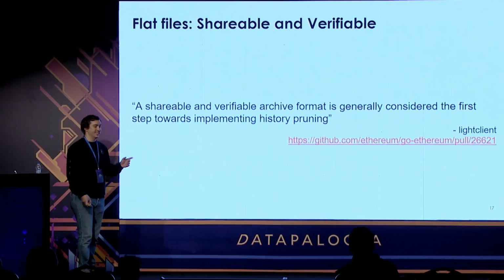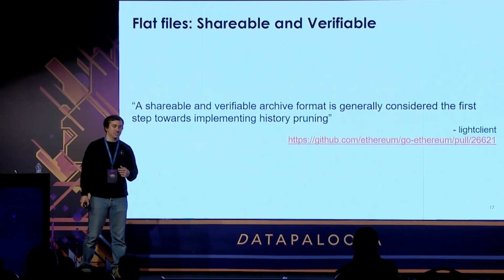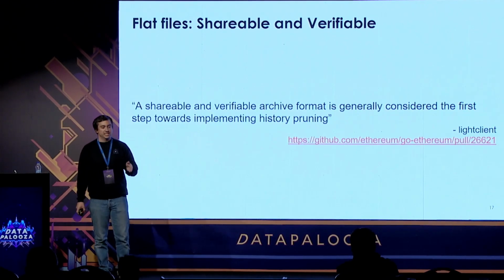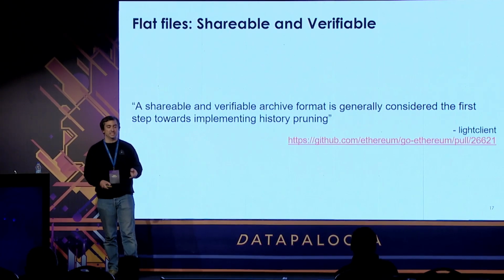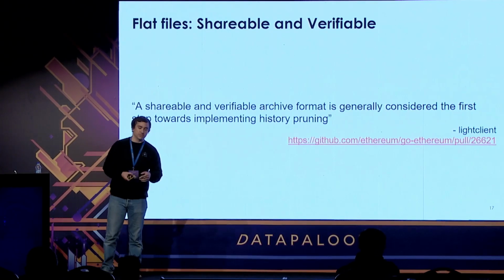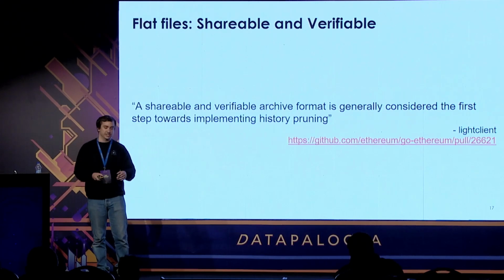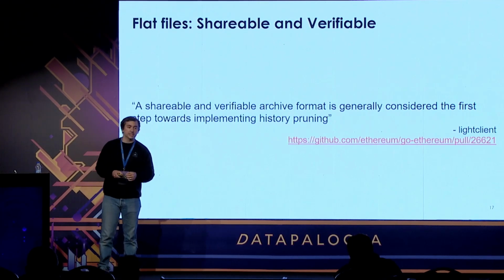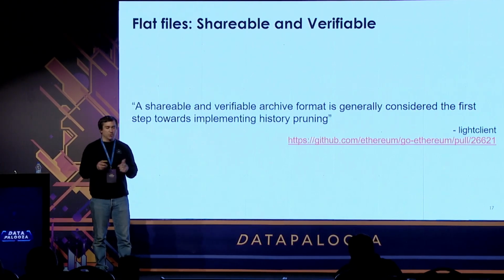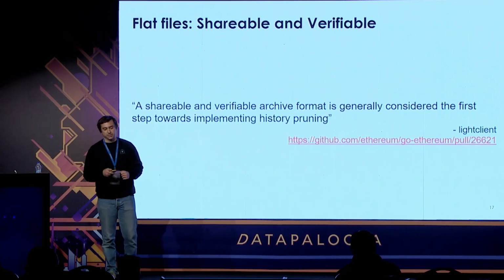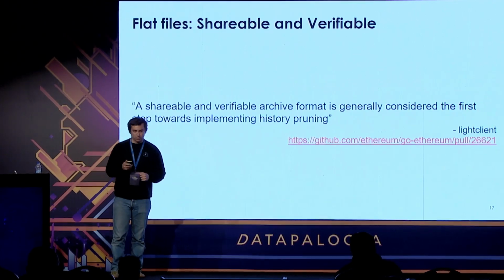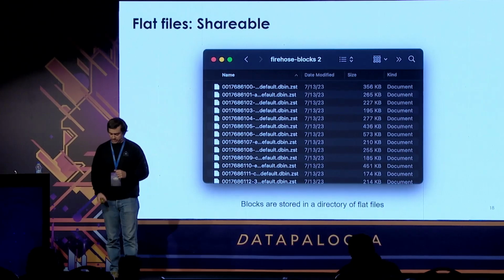I like this quote because it jived with my thinking as well: a shareable and verifiable archive format is generally considered the first step towards implementing history pruning. This was a comment by a light client developer in this Geth pull request. So what we're going to try to show now is that flat files are shareable and verifiable, so they meet this first step towards enabling history pruning.